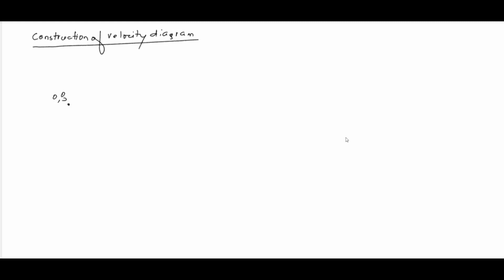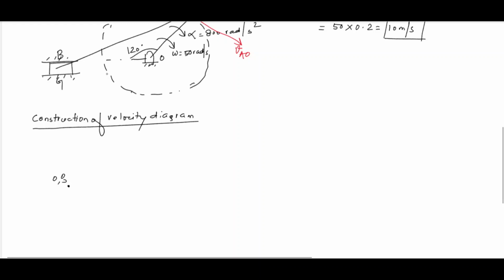So first let me draw it, then I will write down the steps. Remember, first step is to take one point here, O and G representing the same point because O and G are the same link here. As we know VAO, draw a line or a vector OA such that it represents this VAO by direction and by magnitude with some suitable scale.